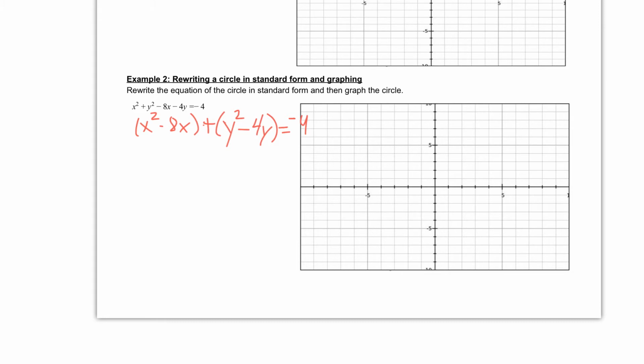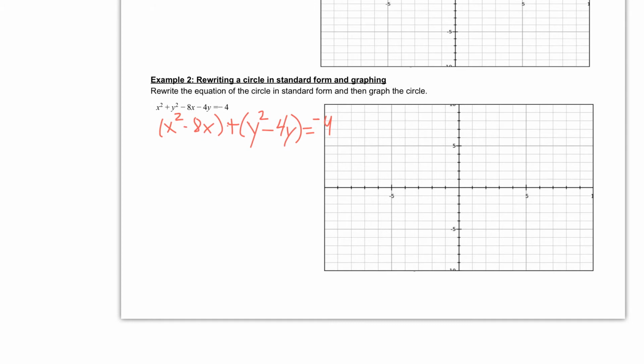And then what we want to do is complete the square with our x's and complete the square with our y's. Unlike our parabola, we don't need to do everything on the same side, but whatever we add to this side, we're now going to add the exact same thing to the opposite side to balance out our equation. So let's give this a little bit more room.